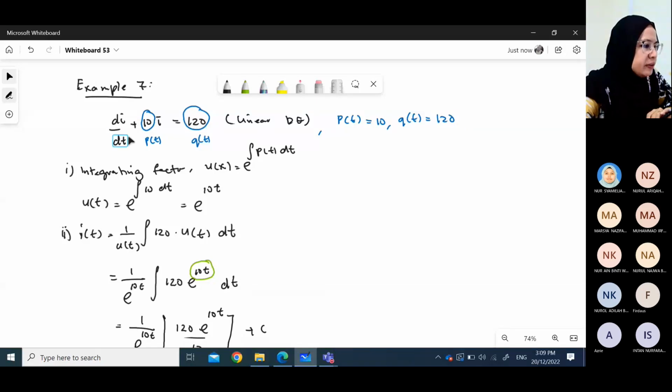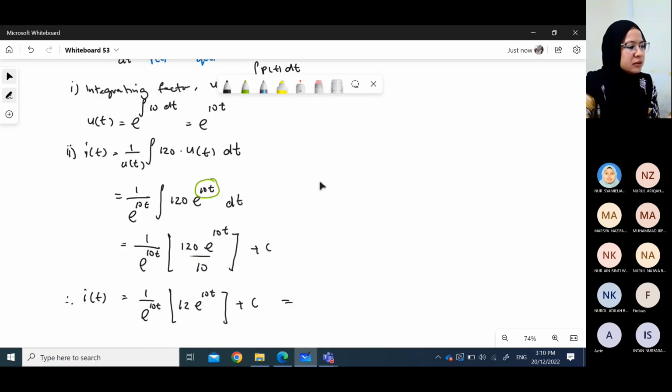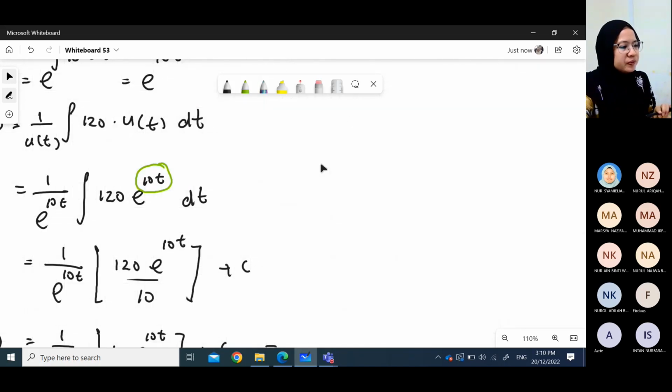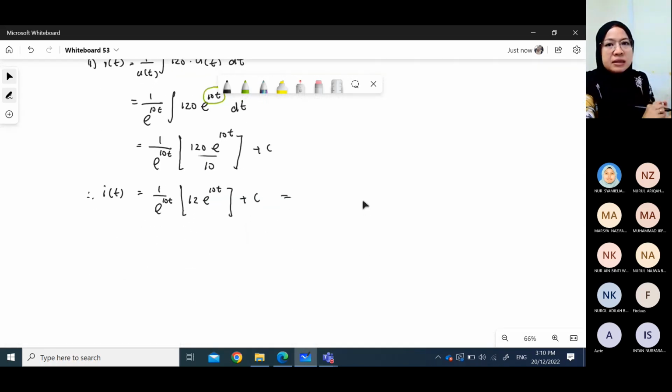So this one is our equation, then I, 120. So integrating factor is exponent of the integral of p of t dt. So p of t is 10, integrate 10, we have 10t, exponent 10t. 120 multiplied with exponent 10t. Okay, so this one we can simplify. Then we have 12 plus C.